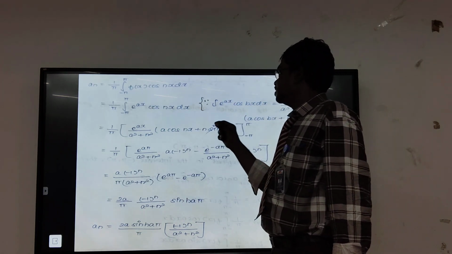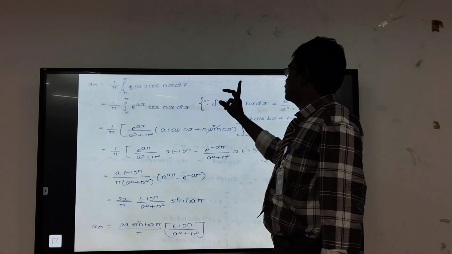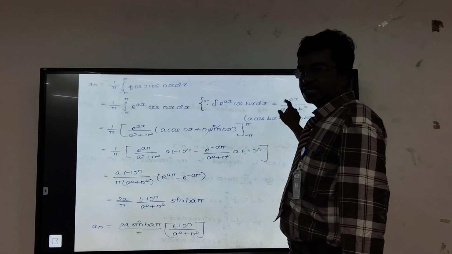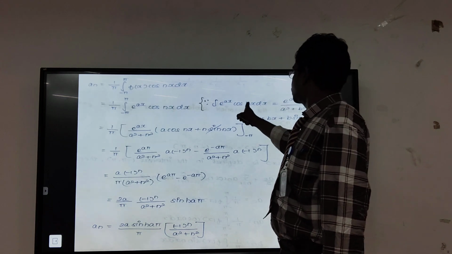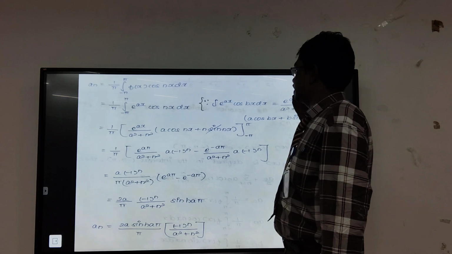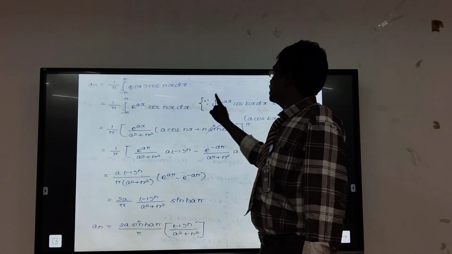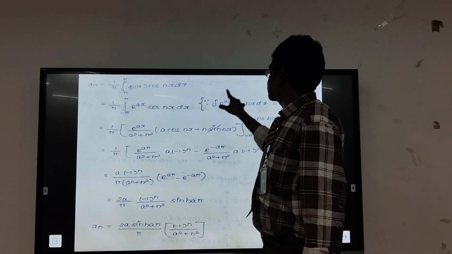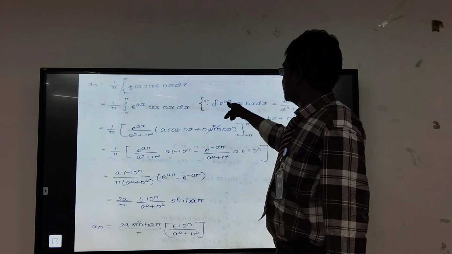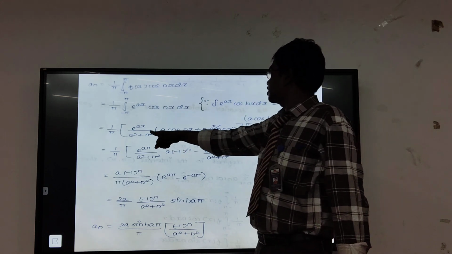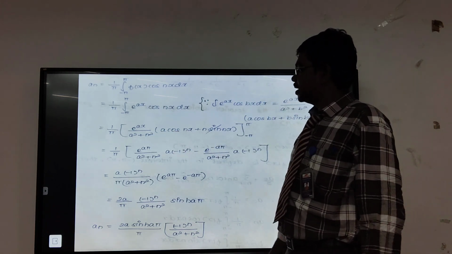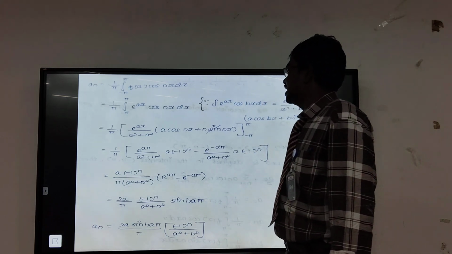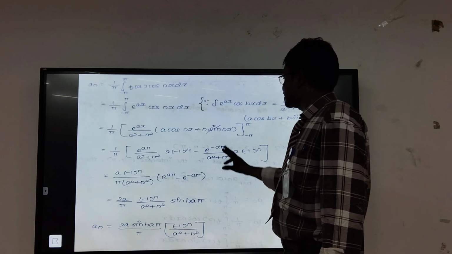So we already know the formula for integral e power ax cos bx dx equals e power ax by a square plus b square, times a cos bx plus b sin bx. Here b is n, so replacing a by a and b by n, we get 1 by pi e power ax by a square plus n square, a cos nx plus n sin nx.